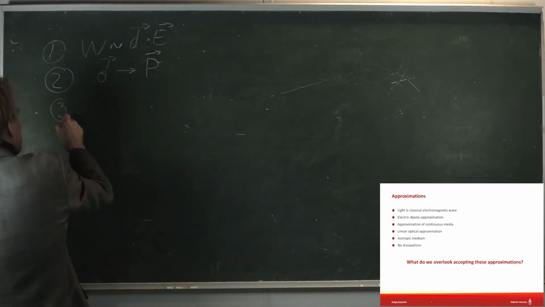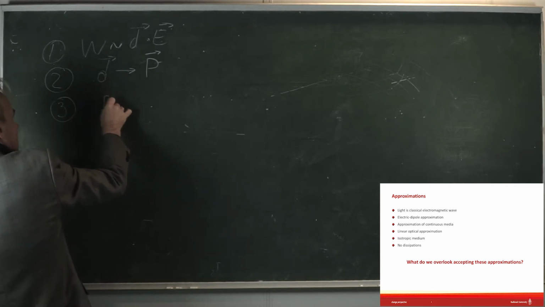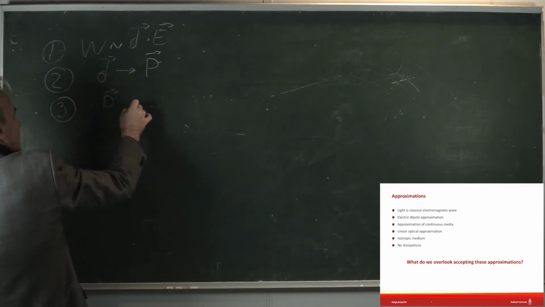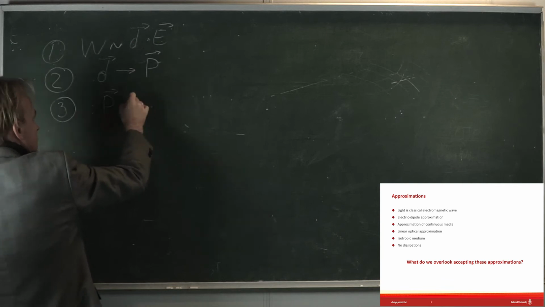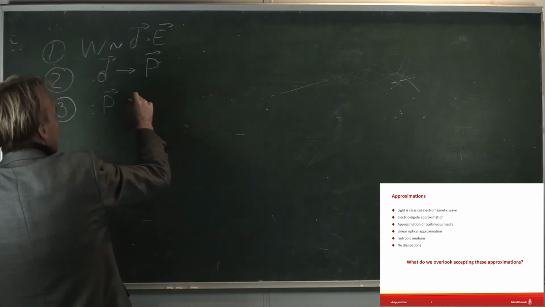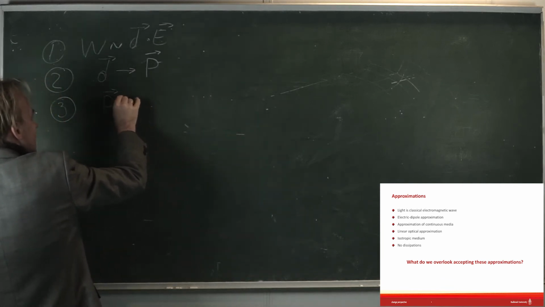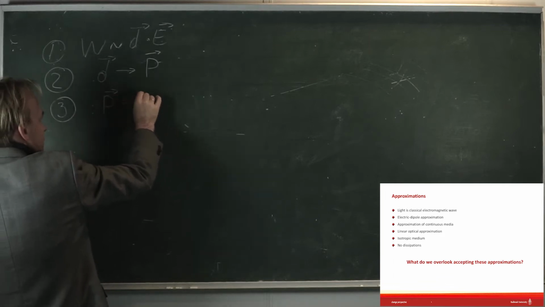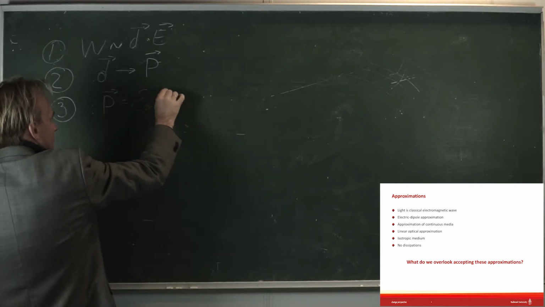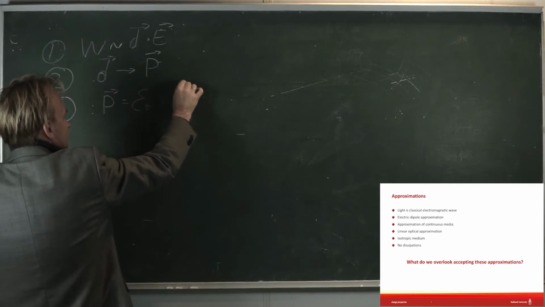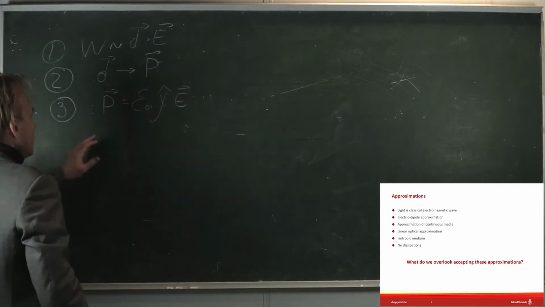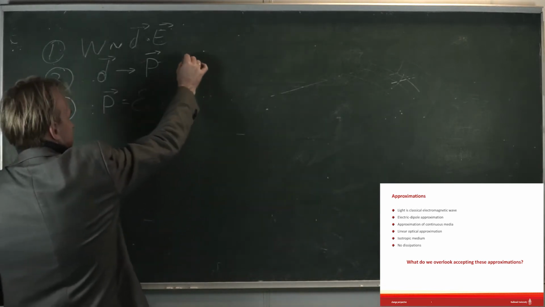Third approximation aims to figure out the relation between the polarization which is induced in the medium by light and the electric field. And if you assume that this relation is linear, we will call it linear optical approximation.